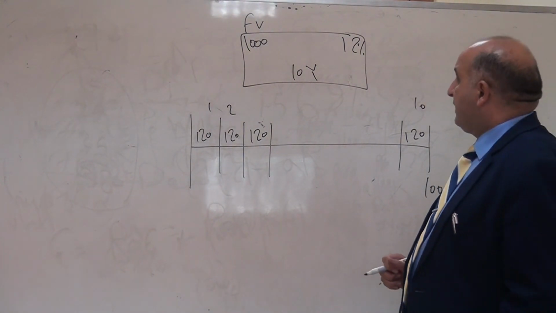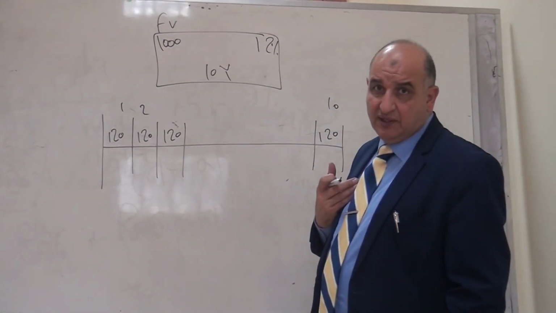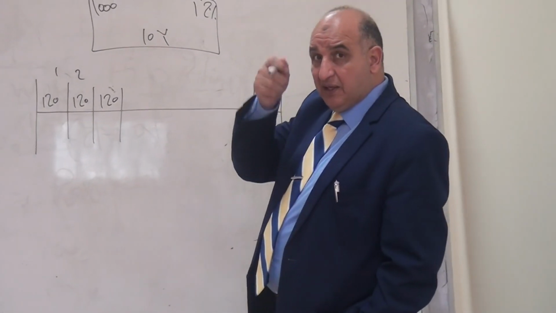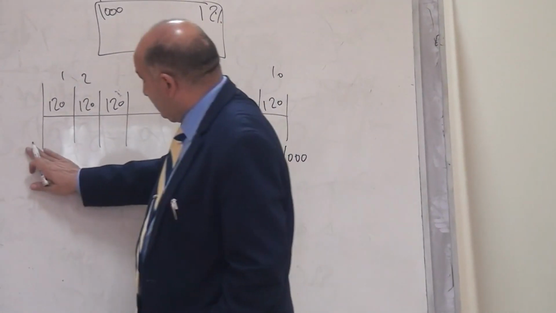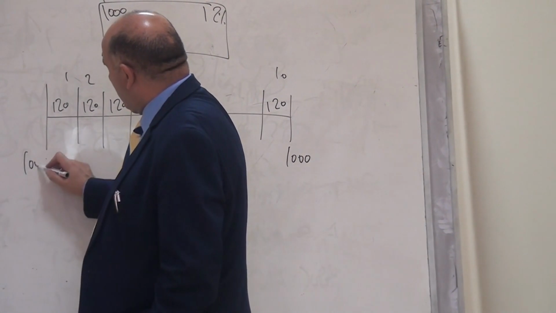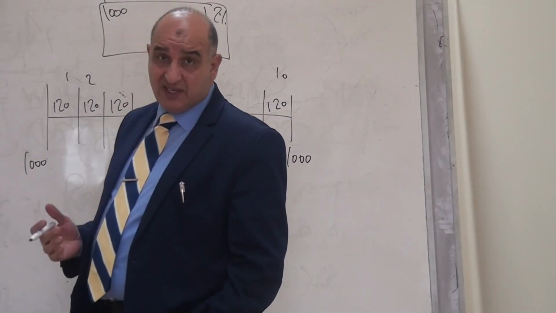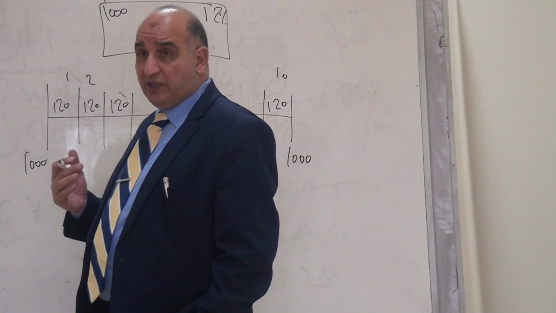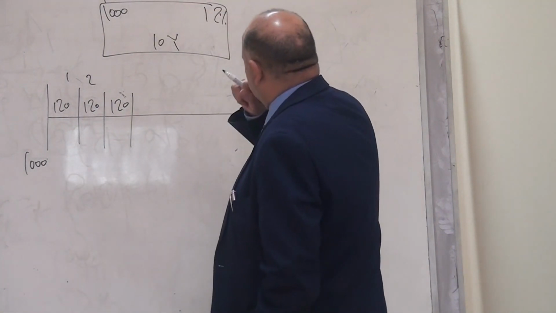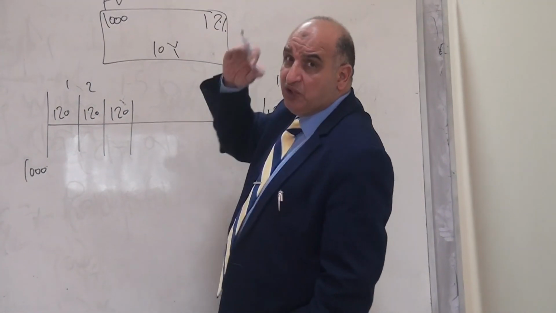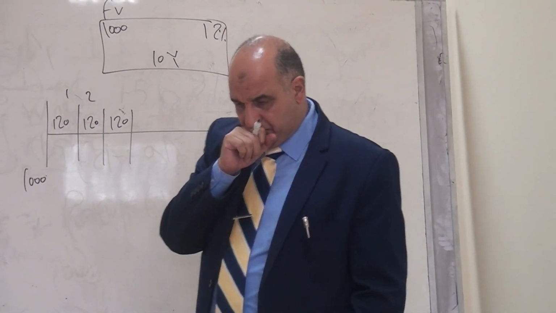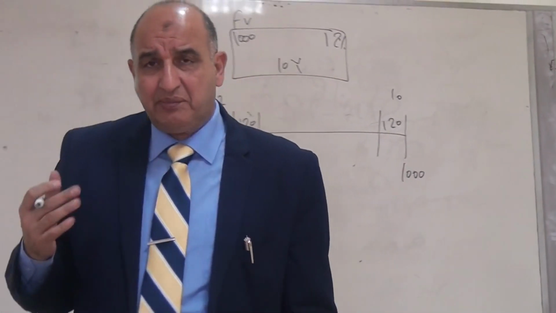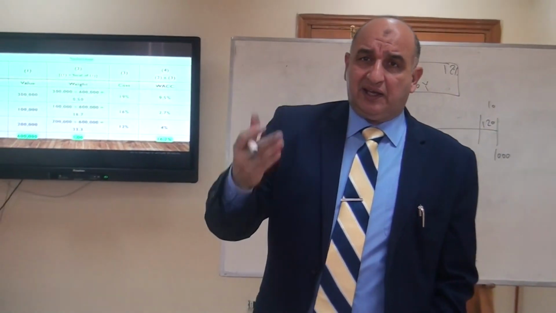Okay. If the company sells the bond at the beginning with a value equal to 1,000, in this case we can call that the yield to maturity. Yield to maturity in Arabic is العائد حتى تاريخ الاستحقاق.